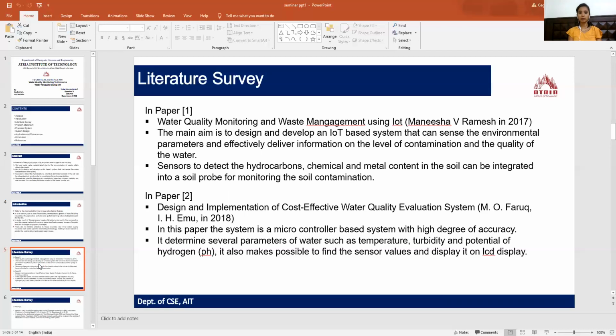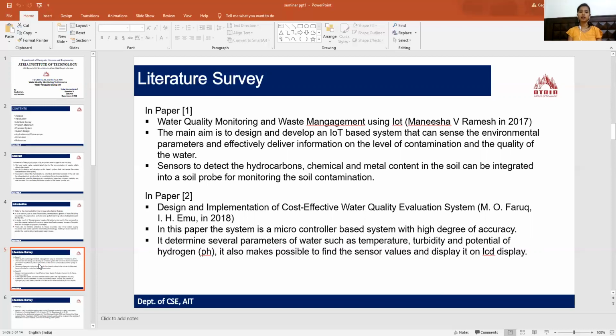monitoring the soil contamination. In paper 2, the topic is the design and implementation of a cost-effective water quality evaluation system. This was published in 2018. In this paper, the system is a microcontroller-based system with a higher degree of accuracy.